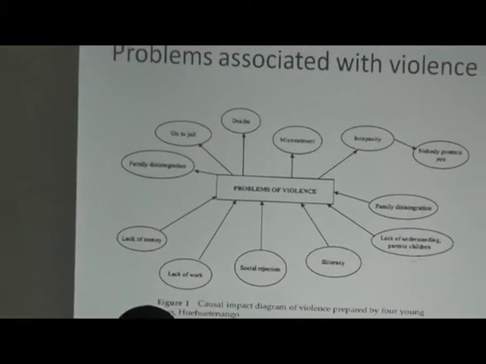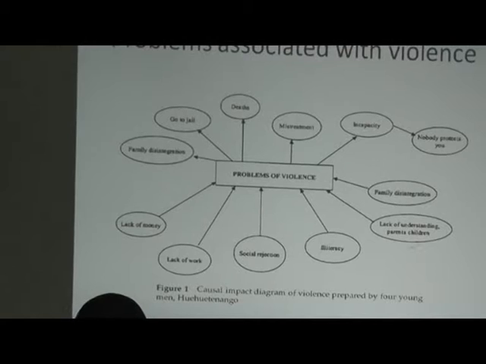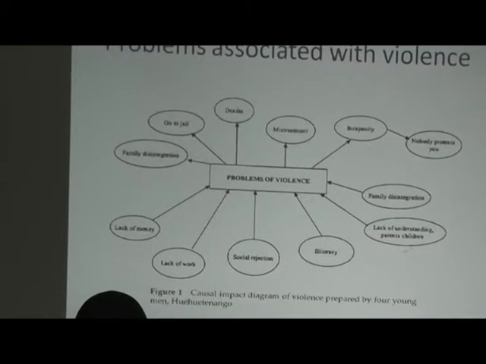Some evidence: the survey by Marquand and Mossa revealed that violence was much more of a concern to the urban poor than the lack of money, trust, education, health, and nutrition. In the case of Colombia, where the poor still provide food and cash for families, and Guatemala, where poor young men join gang movements. So, this graph shows some problems around violence, and we can see there are many of them, such as lack of money, lack of work, social rejection, illiteracy, family disintegration, possibility of going to jail, death, a lot of them.